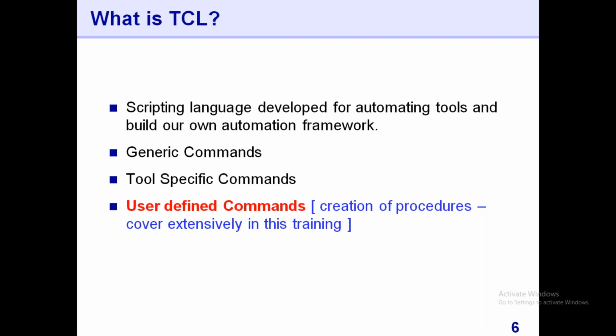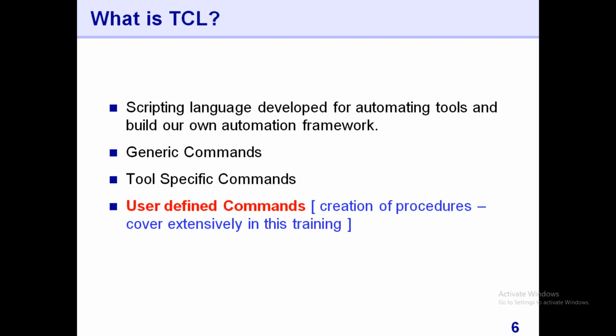Once I'm done with the procedure, if I source that procedure, next time if I want to do the add operation, I will just give add, space, two arguments, 2 and 3, so the output will be 5. Here we don't actually work on generic applications like addition, subtraction, or getting prime numbers between specific values.